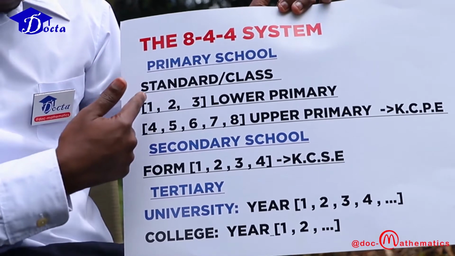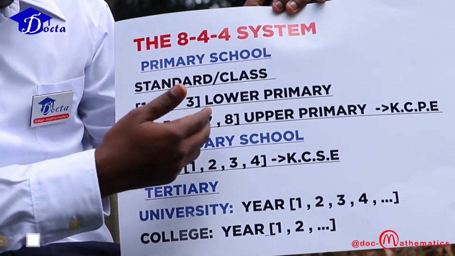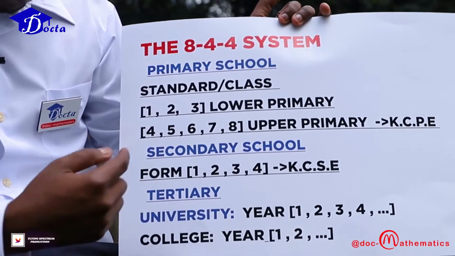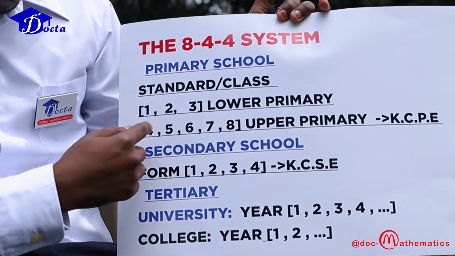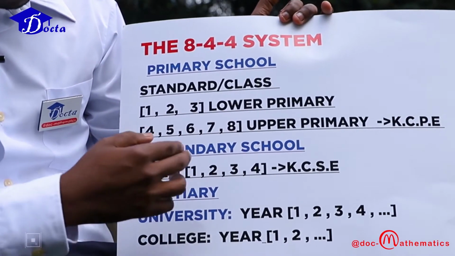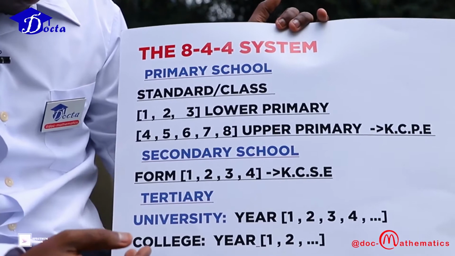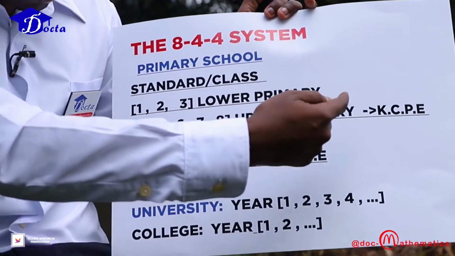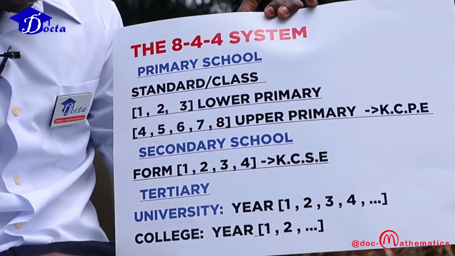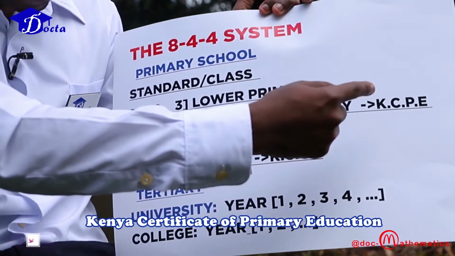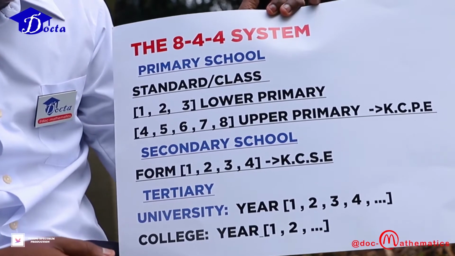Standard 1, 2 and 3 we refer to as the lower primary. And then standard 4, 5, 6, 7 and 8, we refer to as the upper primary. And then in class 8, you sit for the KCPE exam, Kenya Certificate of Primary Education.